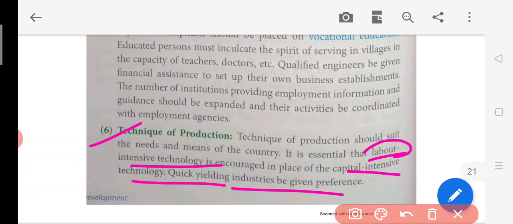If they use the labor-intensive technique, more people will be appointed for work. So for that we should establish small scale, middle scale, and cottage industries, like in India, agarbatti production or matchbox sticks production should be encouraged. This is how we can improve the condition.